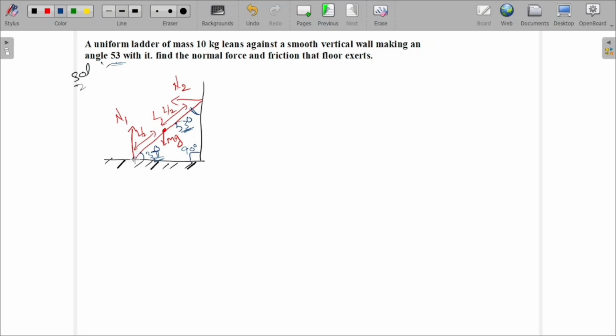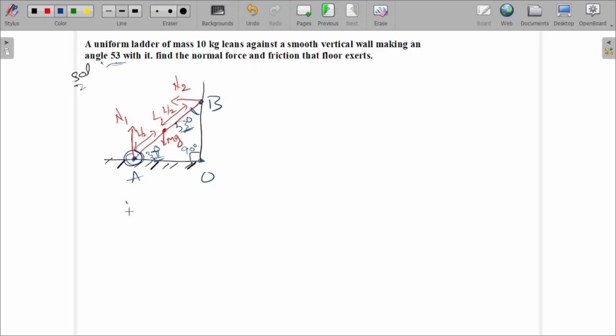Now let's consider this point is A, this origin point, and this point is B. If you consider this as a reference point, there will be torque here, and if you consider this as a reference point, there will be torque there. Torque can be considered at any point. Fine, so now I am considering the point at A.